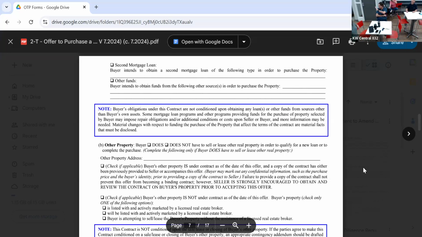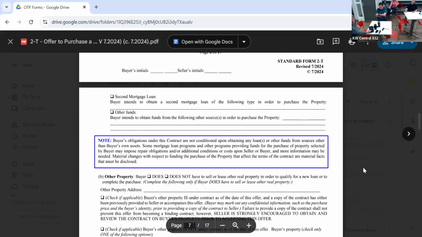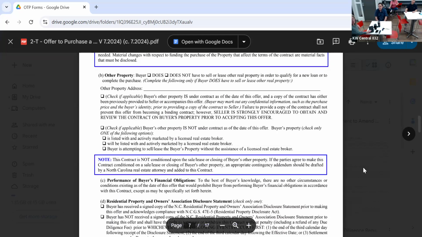Okay, does or does not have to sell. If they do have to sell, well, now we're also talking about, is it under contract or is it not under contract? If it is under contract, you can request a copy of that contract. There are certain things that obviously the buyer agent can redact on that.